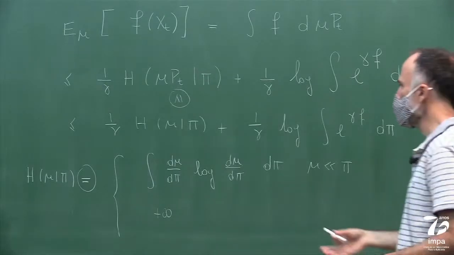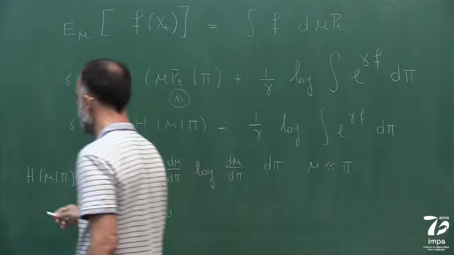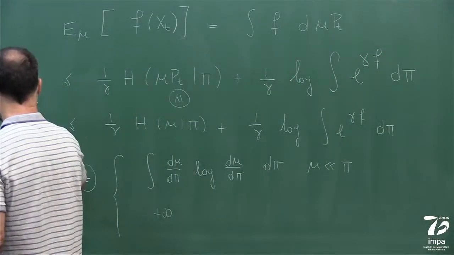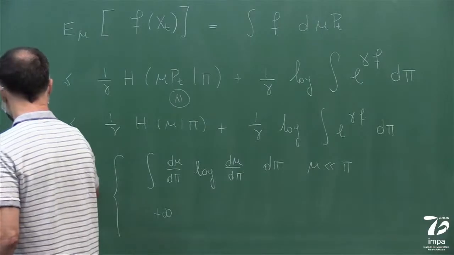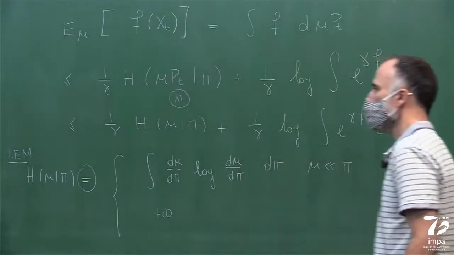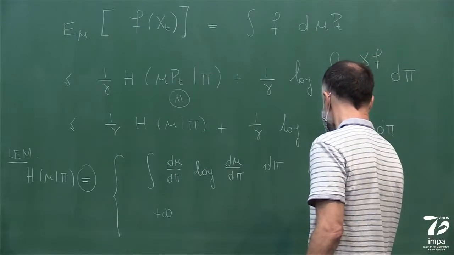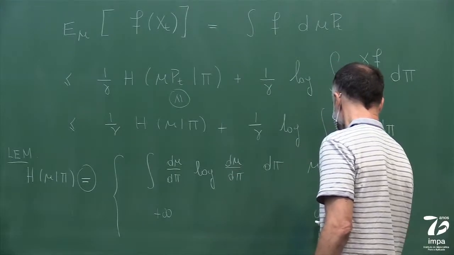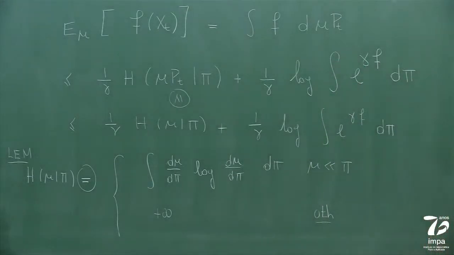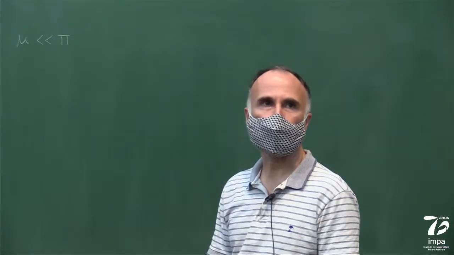So let's start by proving, let me call that a lemma. Let's prove this identity. Here I'm forgetting that pi is a stationary state.